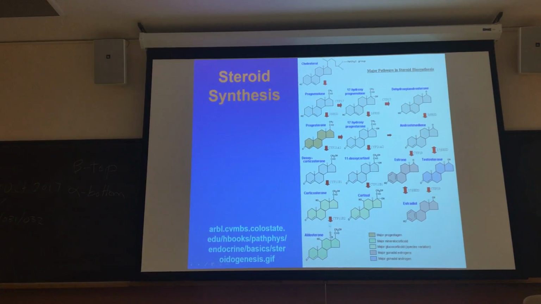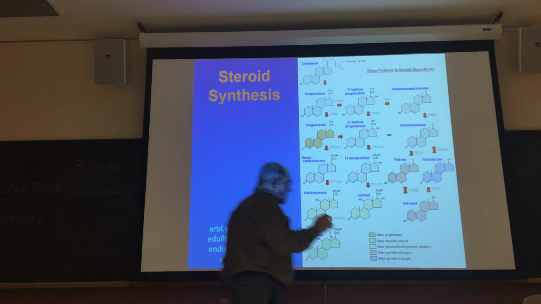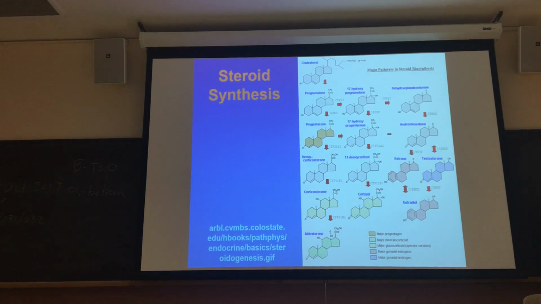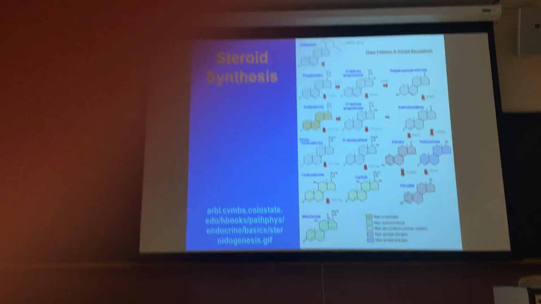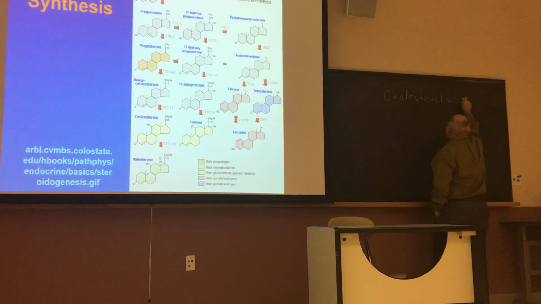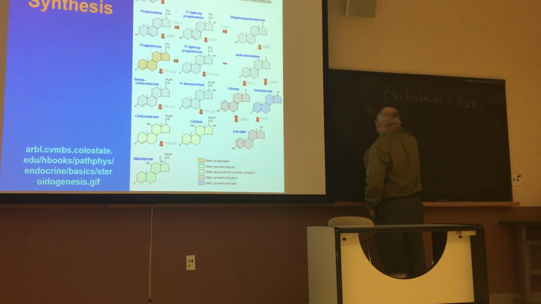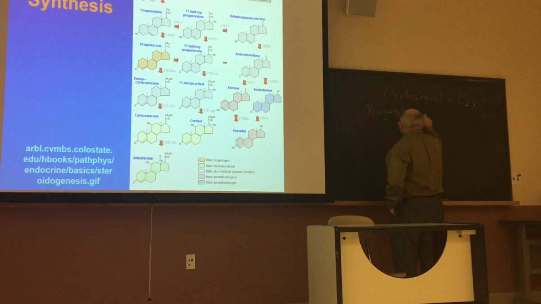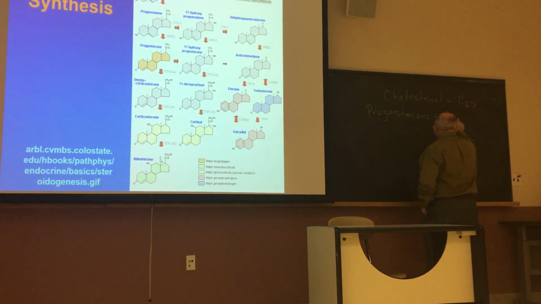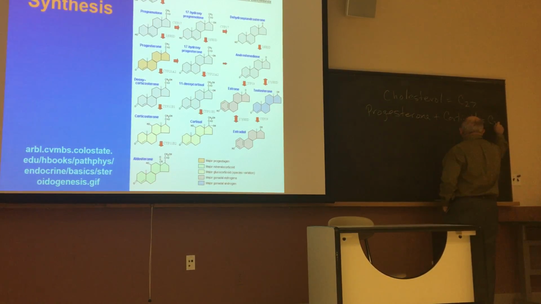Over here, the molecules over here and over here are all C21. So cholesterol is 27 carbons. Progestins, progesterone, corticoids, 21 carbons.